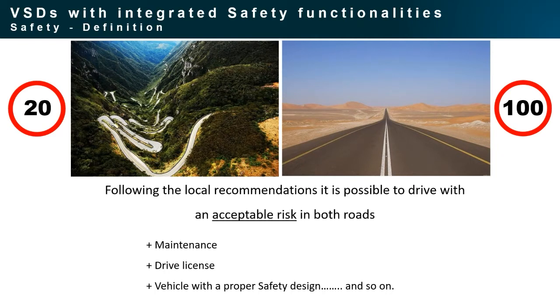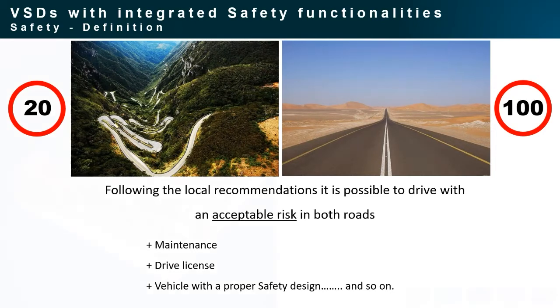But the idea here is to evaluate the risk, design the car, and drive safely at an acceptable risk. If something wrong happens but you are driving safely, I'm sure you will be safe. I'm sure the airbag and safety belt will save your life.